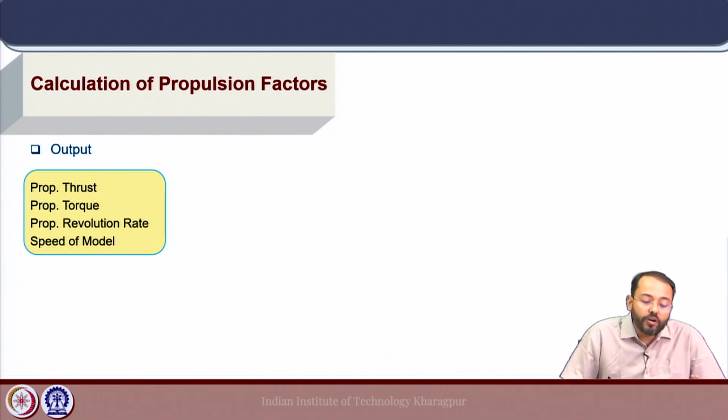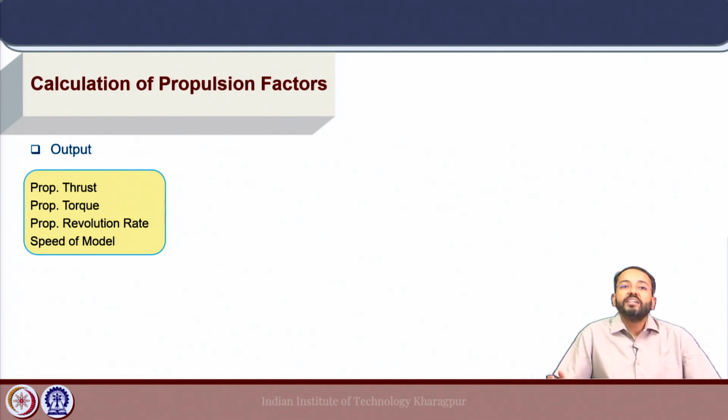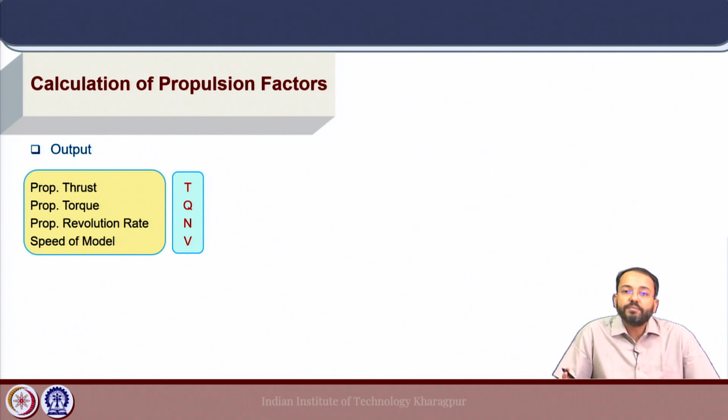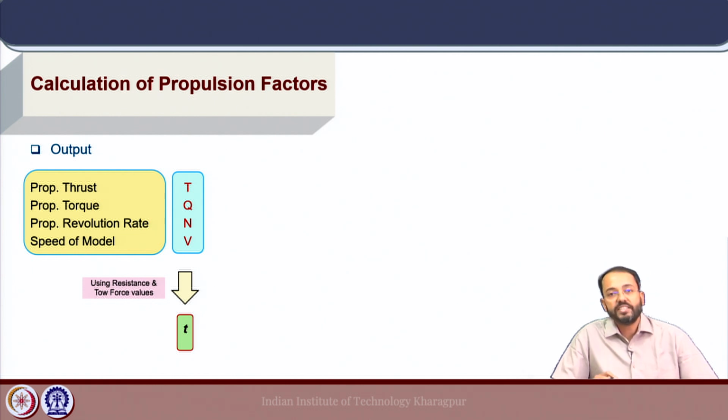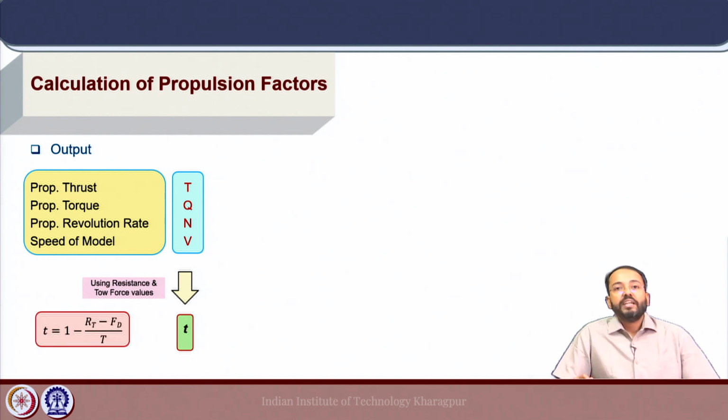So, the output of the self propulsion tests are the propeller thrust, torque, propeller revolution rate and speed of the model, represented by T, Q, N and V in the model scale. So, using the resistance and tow force values, we can calculate the thrust deduction as we have just seen using this equation.